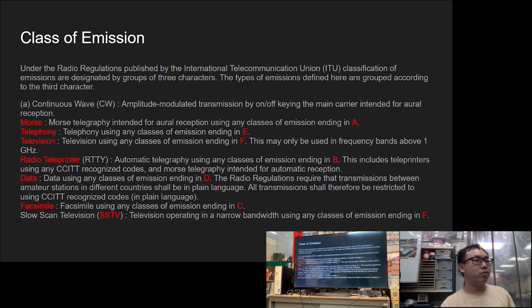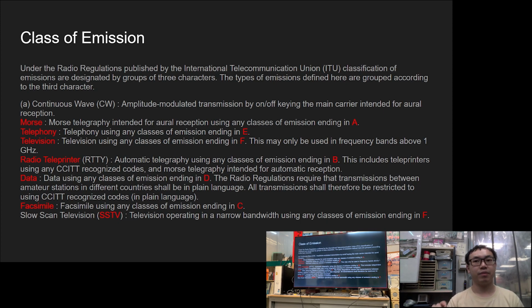CW, continuous wave, which turns the wave into 1 and 0, which is Morse. If you press a button longer, then it becomes a dash. If you press a button for a very short time, it becomes a dot. Beep.